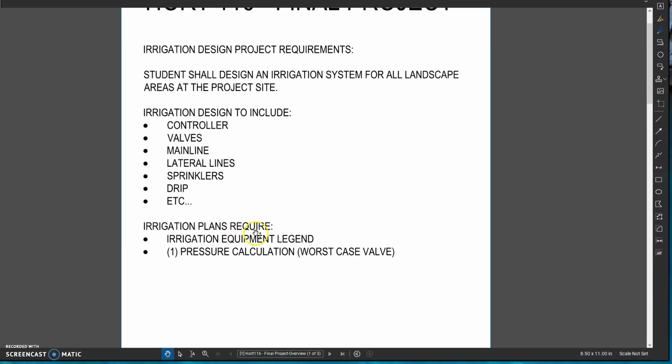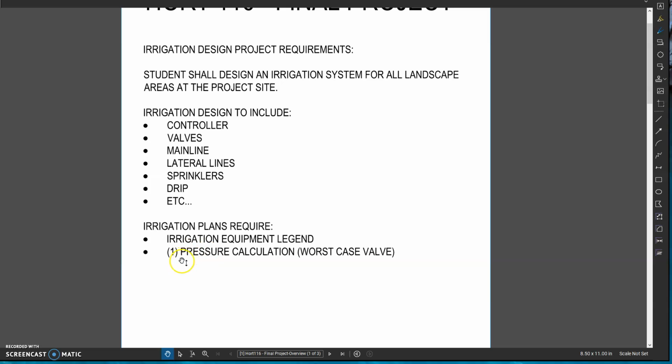The irrigation plans, in addition to drawing it, require an irrigation equipment legend. If you watched the video last week and saw the PDF of what makes up the irrigation legend, that's what is required. I would heavily stress, if you didn't watch the video or look at the PDF, that you go back and look at it.